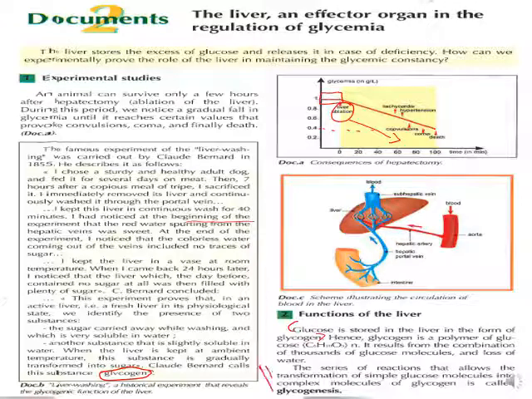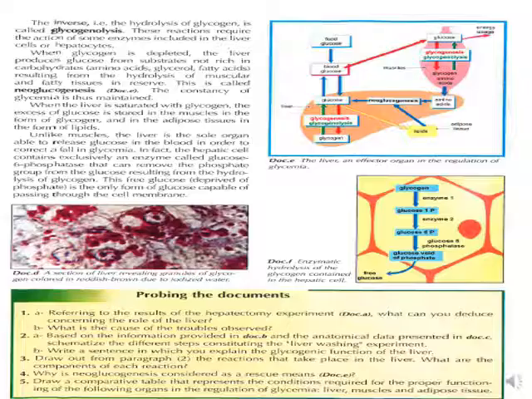So every time I talk about genesis, it is the formation of. So glycogenesis is the formation of the glycogen after the glucose is transformed. Simple glucose molecules are transformed into complex molecules of glycogen in a process called glycogenesis.